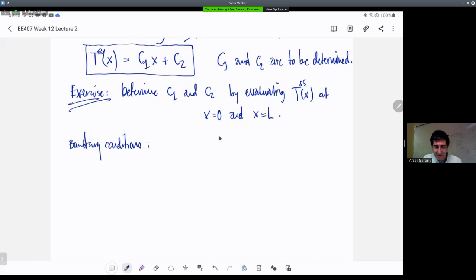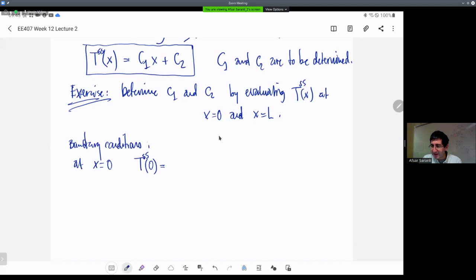So boundary conditions would give us simply at x is equal to 0, the left hand side, I have T steady state at x is equal to 0, which is basically equal to, you can see that in this case you assign x as being equal to 0 in that formula.